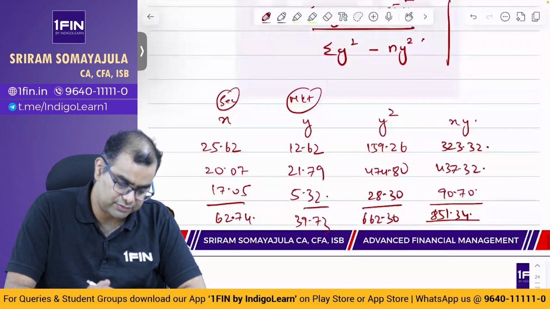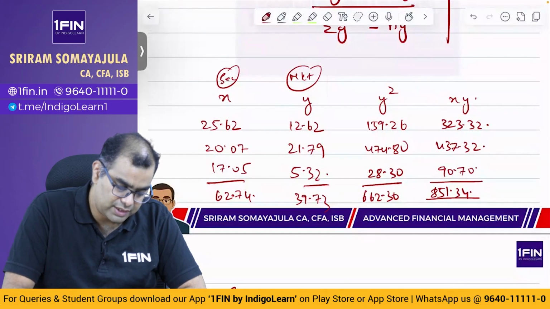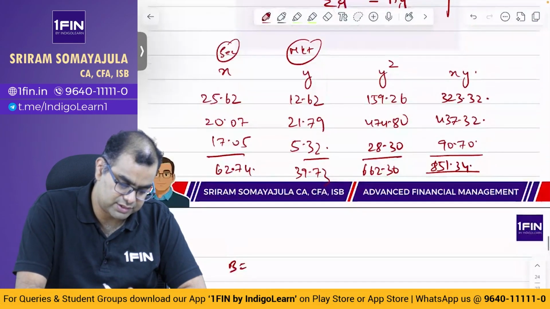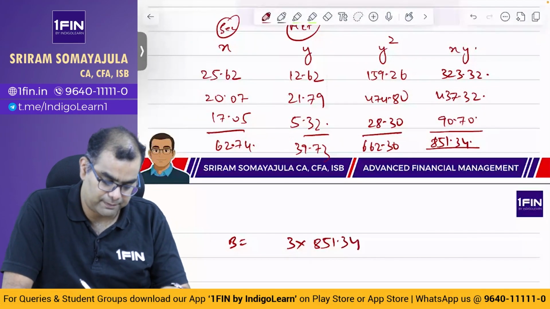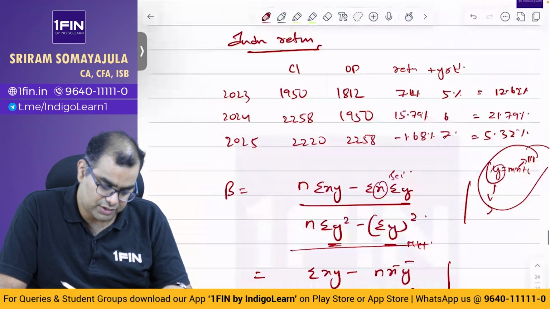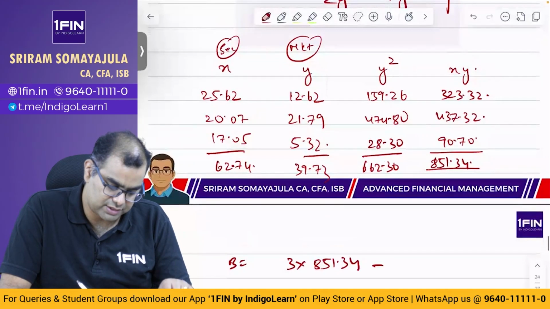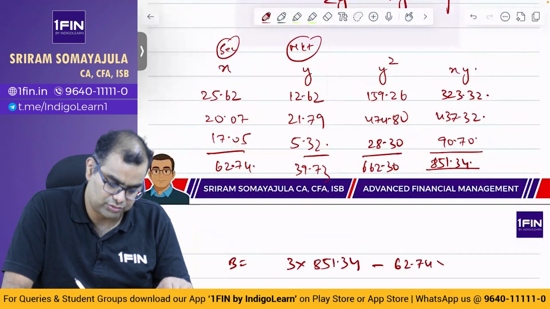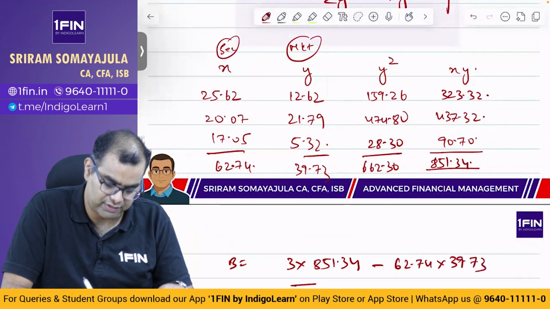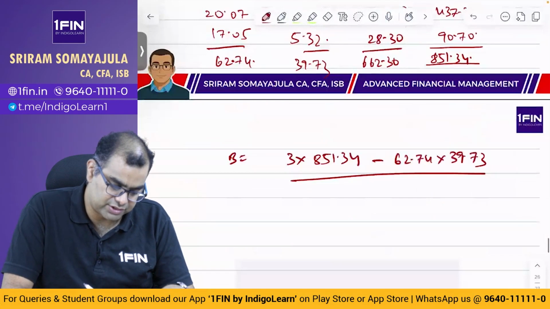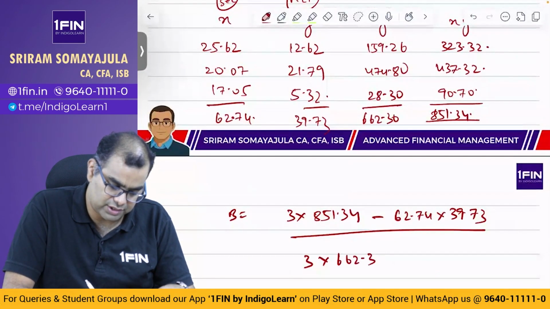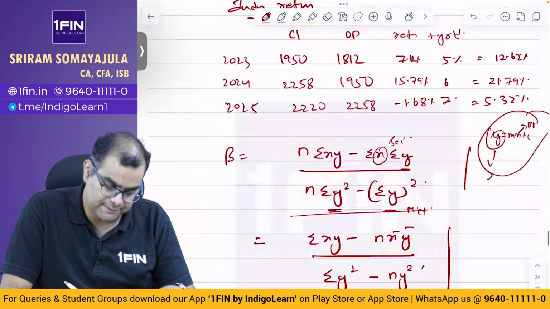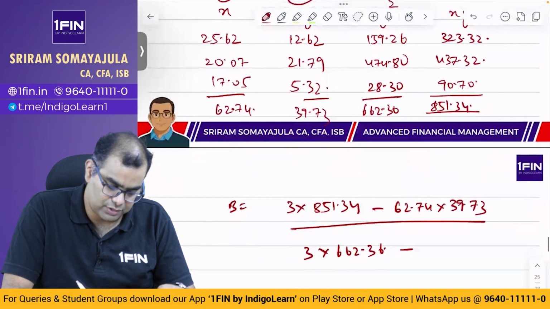Now, beta is equal to n into sigma xy, that is 3 into 851.34, minus sigma x sigma y, that is 62.74 into 39.73, divided by n sigma y square, 3 into 662.36, minus sigma y whole square, 39.73 whole square.